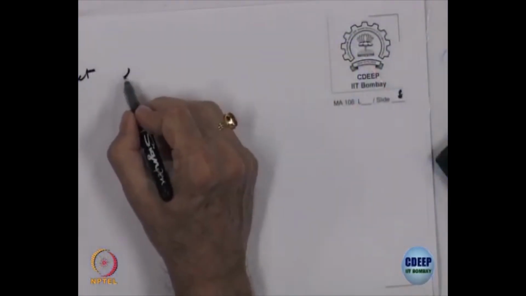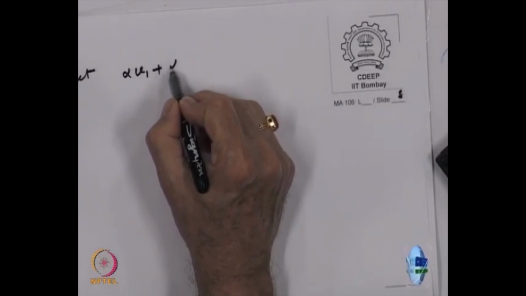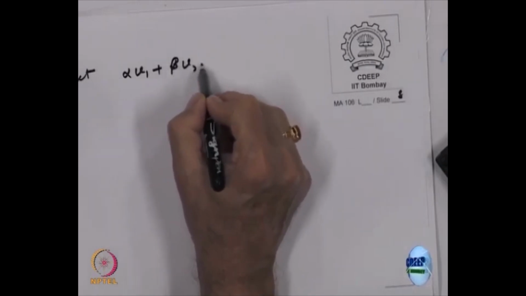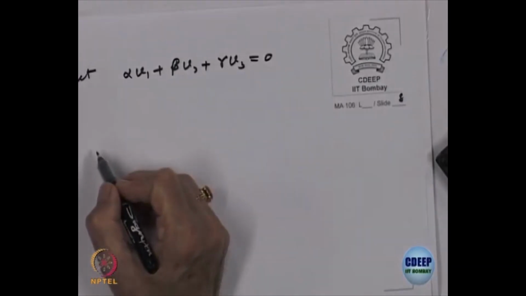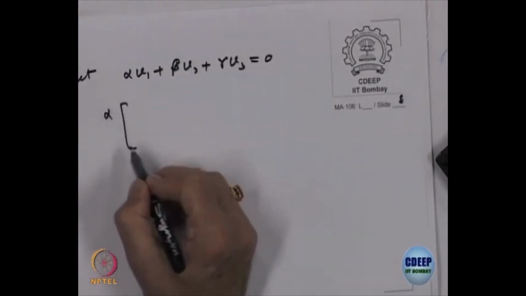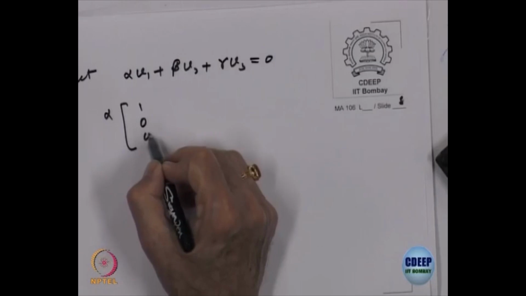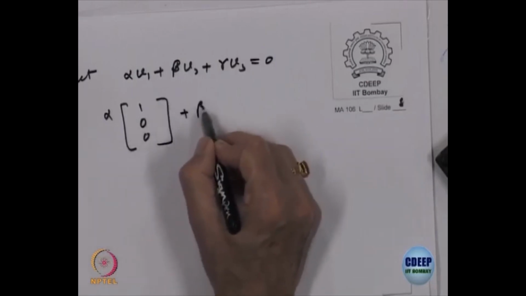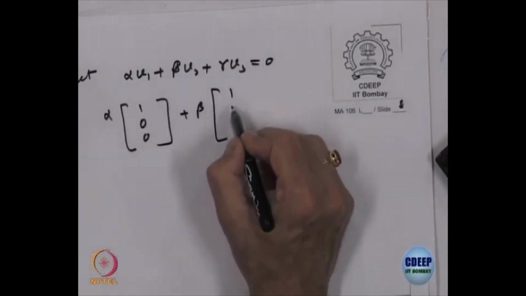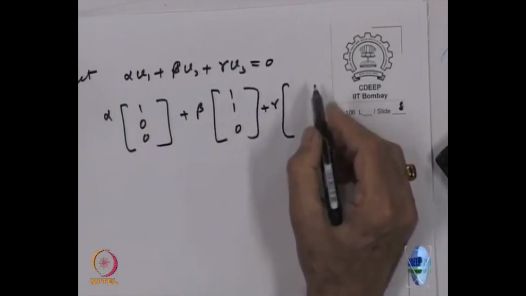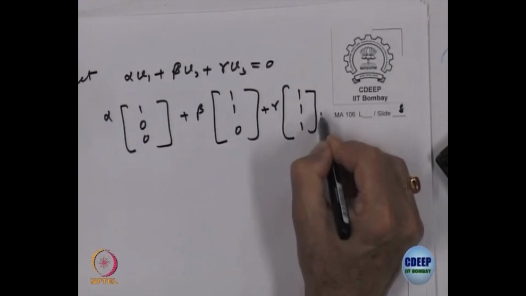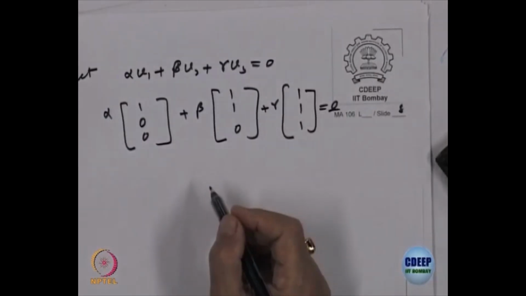So let alpha v1 plus beta v2 plus gamma v3 be equal to 0. So what does that mean? Alpha times (1, 0, 0) plus beta times (1, 1, 0) plus gamma times the third vector (1, 1, 1) is equal to 0.